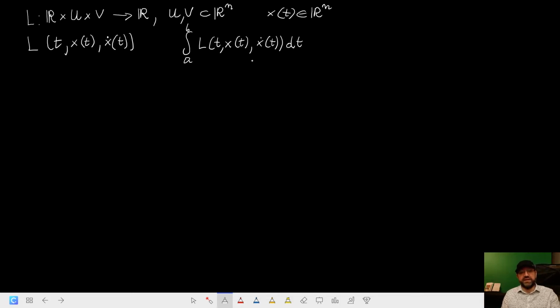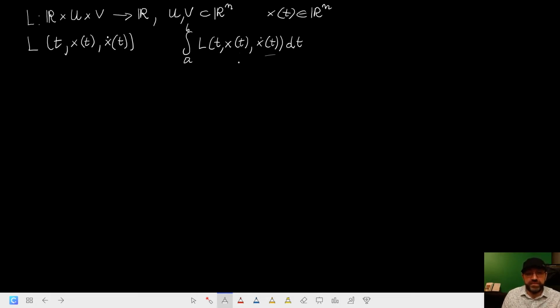So it's like the particle is choosing the path or trajectory, because it will choose position and velocity. So it's choosing a trajectory which is minimizing this integral.